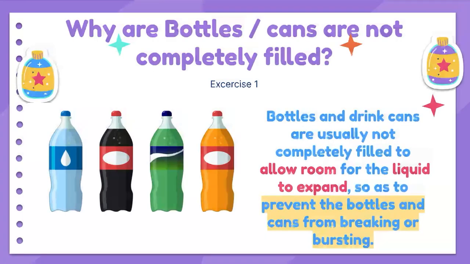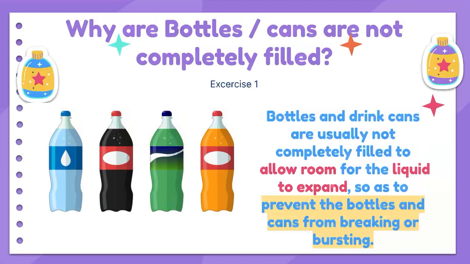Bottles and drink cans are usually not completely filled to allow room for the liquid to expand, so as to prevent the bottles and cans from breaking or bursting. The part highlighted in red, instead of giving space, in this case is to give room.